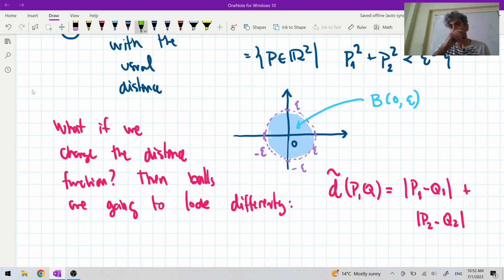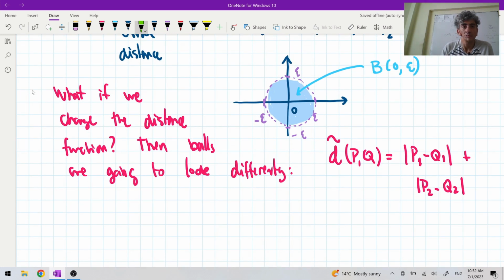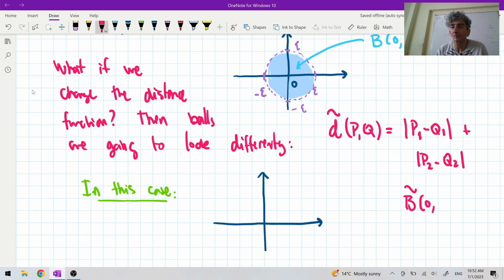Okay, so in this case, you're going to take a look at how the distance is going to turn out. What's going to be the ball centered at 0 of radius epsilon? Well, it's not going to be something extremely different, but it's going to look quite different.